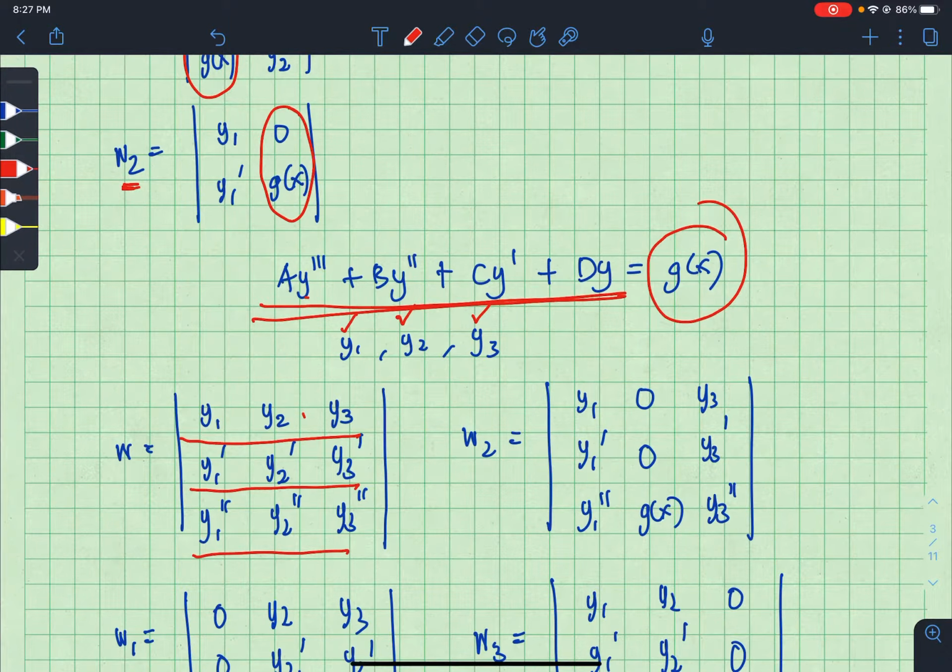That will leave us with 1 over x squared plus 1 dx. This is familiar, so u sub 2 is simply an arc tangent of x.